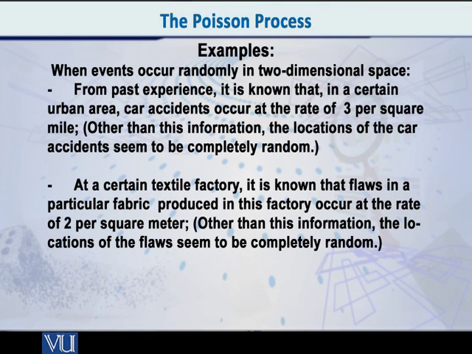Let us take one more example. At a certain textile factory, suppose that it is known that the flaws in a particular fabric produced in this factory occur at the rate of 2 per square meter.